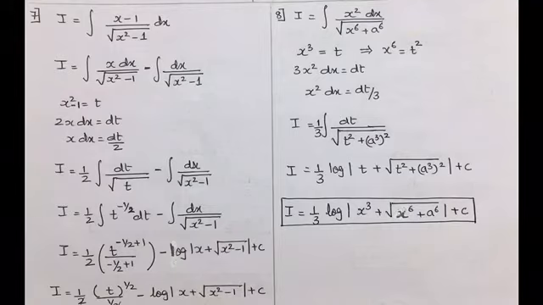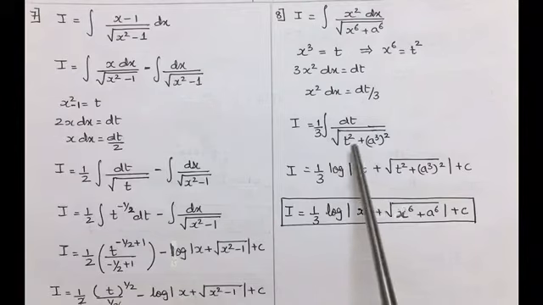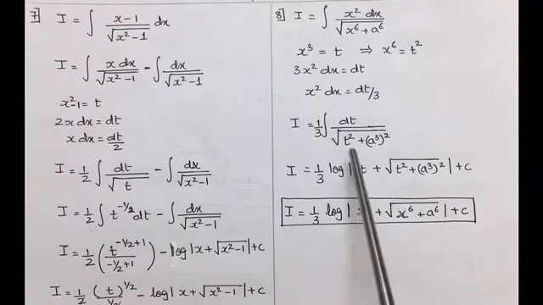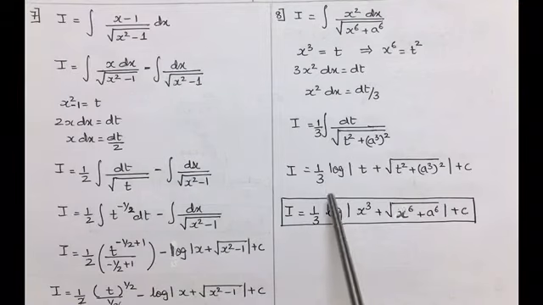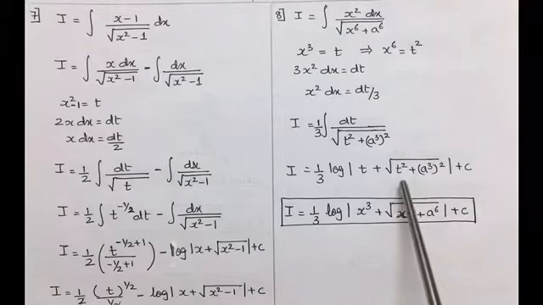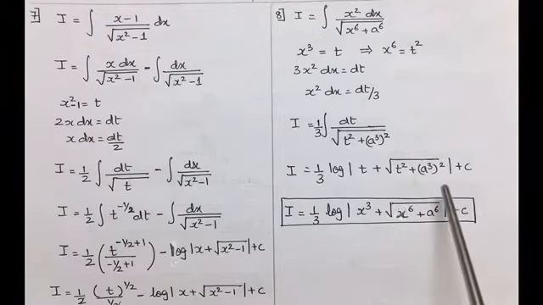The integration of 1 upon under root x square plus a square is log of x plus under root x square plus a square. So using that integration here, instead of x we have t, so 1 by 3 log of t plus under root t square plus a cube whole square plus c.